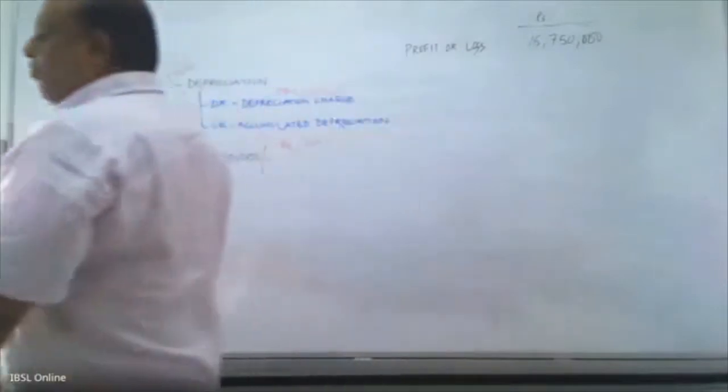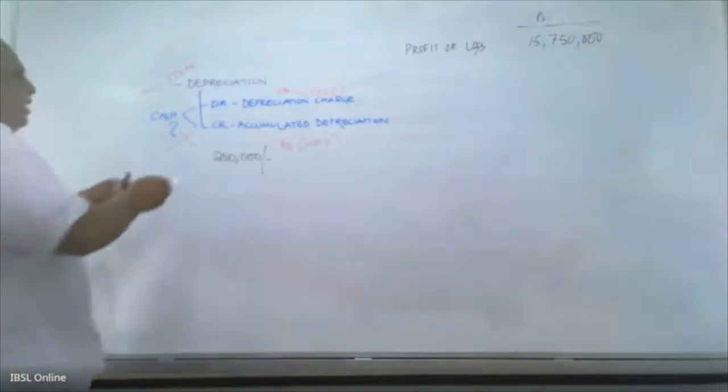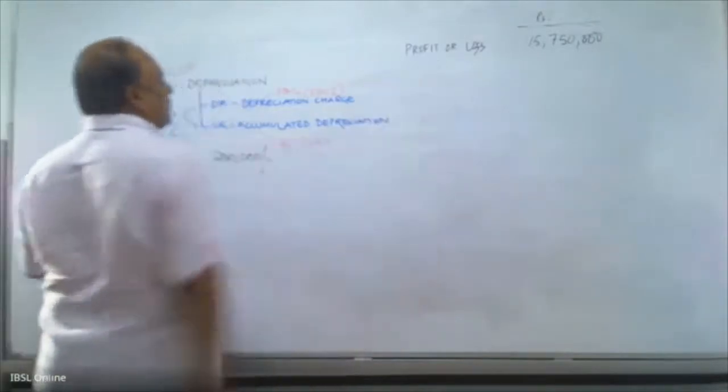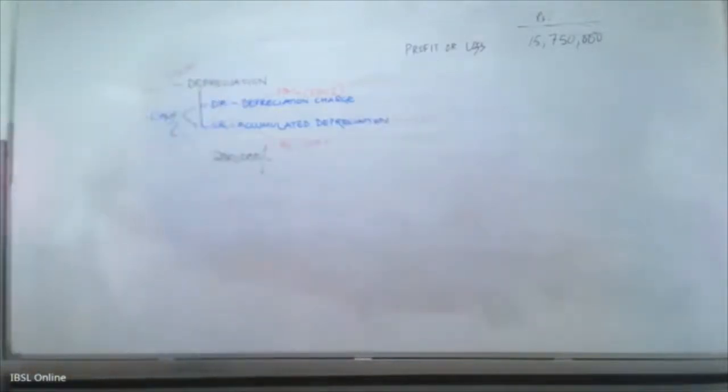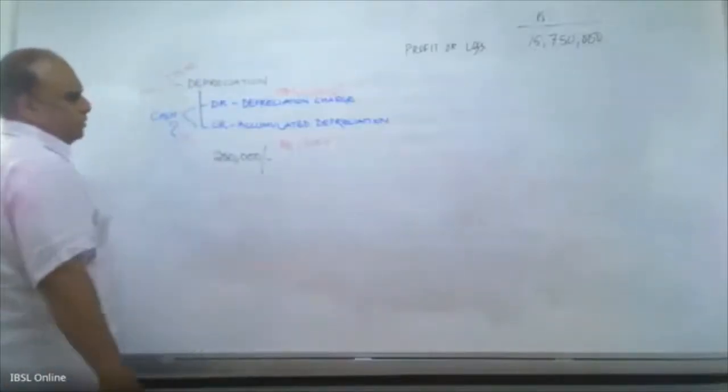Profit or loss is your final number, what you are going to publish to the stakeholders. So now, because of this depreciation, what has happened to this profit? It has reduced. Yes, it has been reduced by 250,000.